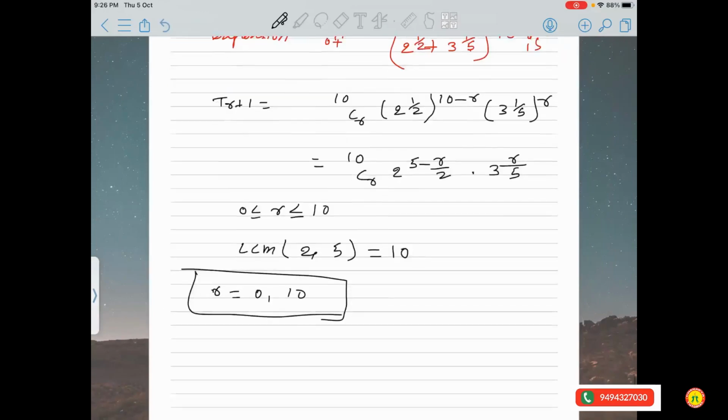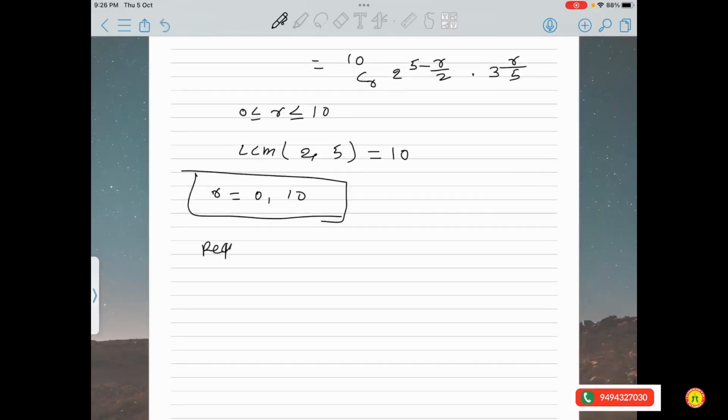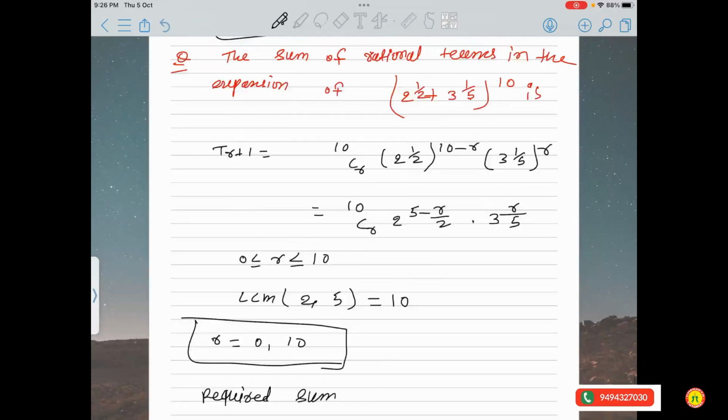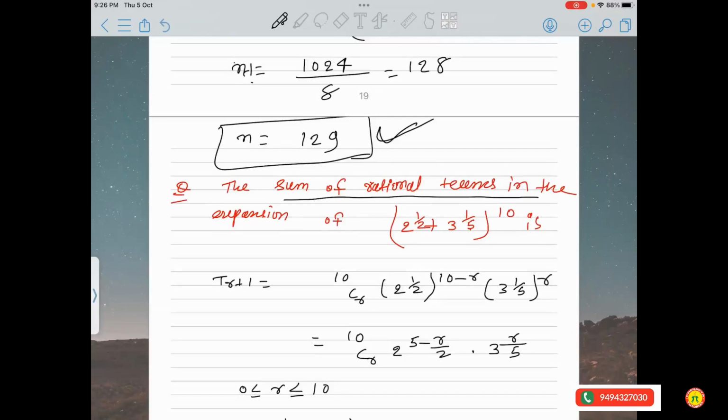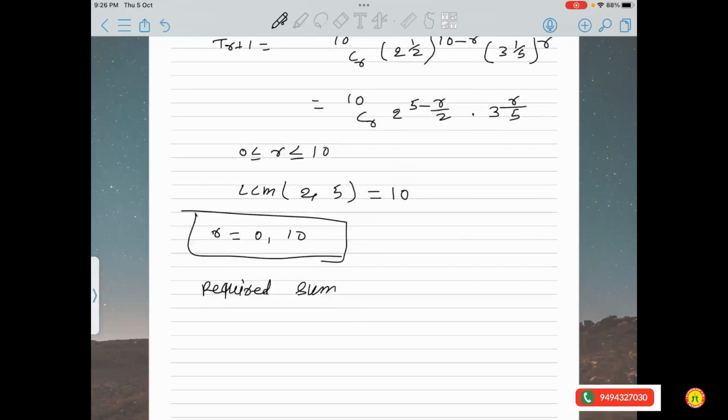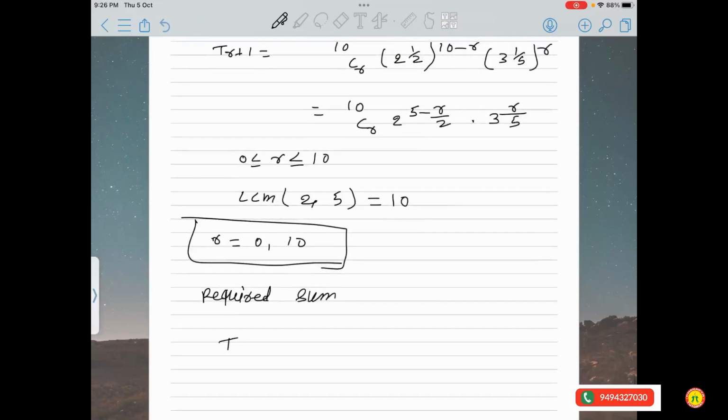Yes. So the required sum is the sum of the rational terms. Which terms are rational? T(r+1), it means T(0+1) and T(10+1), that is T1 plus T11, right?